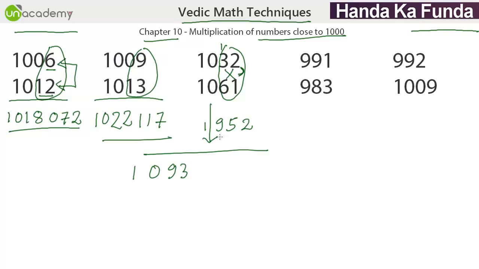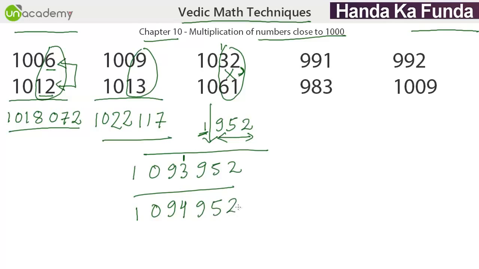But I only have space for 3 digits. So I write down those 3 digits 952 and I carry over the extra 1 which was generated, which will lead to my final answer, which is 1094952. As you can see, even this difficult calculation you were able to do in such small steps.